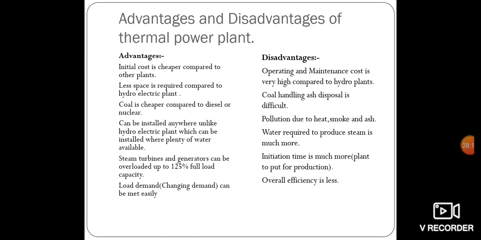Initiation time is much longer before the plant is put into production. Once the plant is shut down, or its load is decreased, it is very time consuming and difficult to increase the load in a coal thermal power plant.